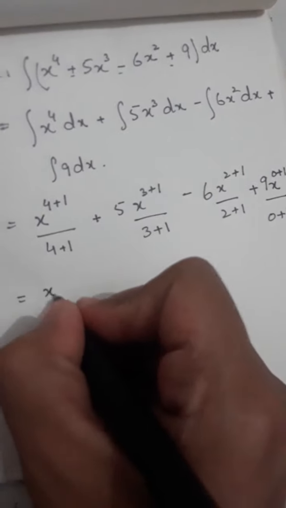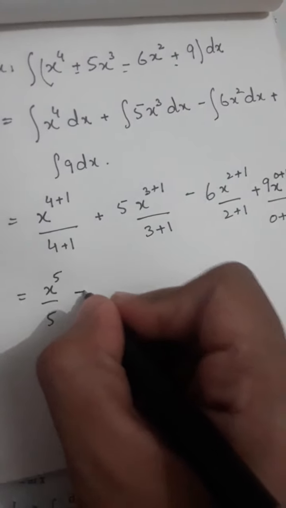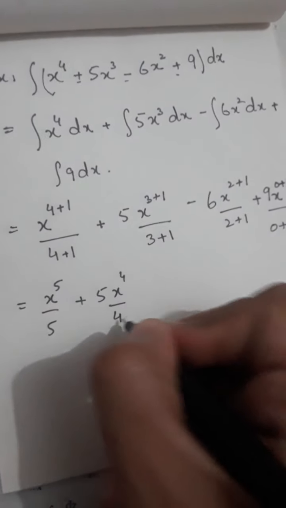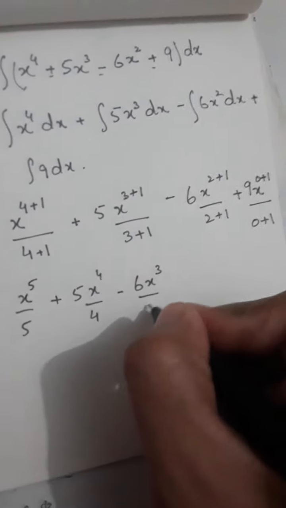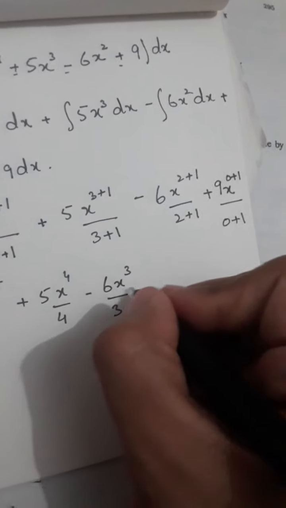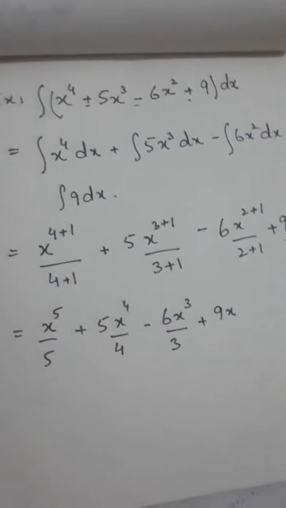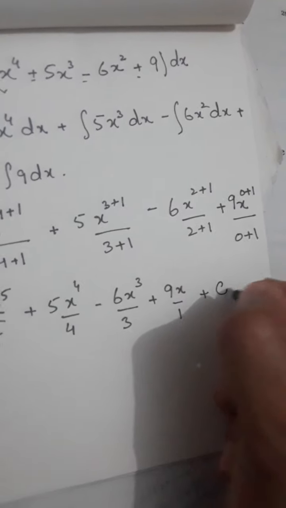So this is x raised to the power 4 plus 1, 5 divided by 5, plus 5 times x raised to the power 4 divided by 4, minus 6x cubed divided by 3, plus 9x divided by 1, which is again x, and the last term will be c.